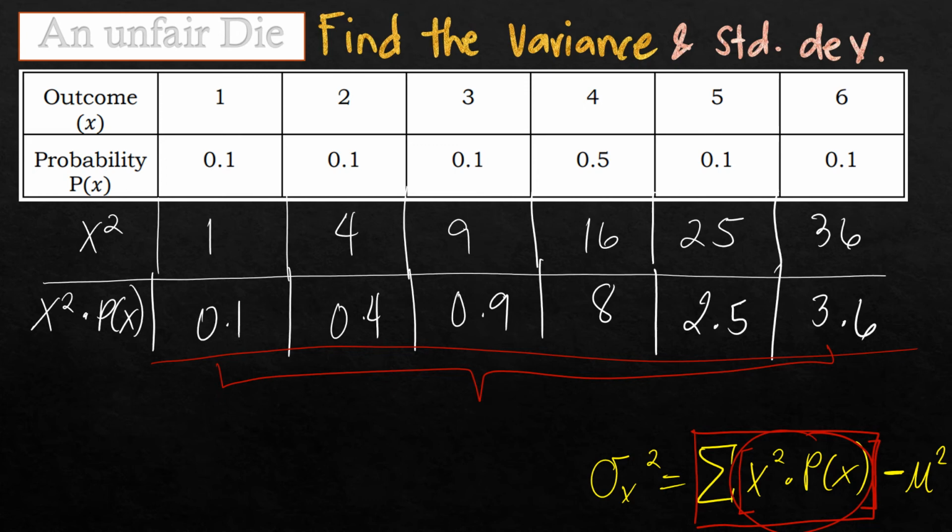I believe that is equal to 15.5. So this is our first quantity, the summation of x squared times p of x.